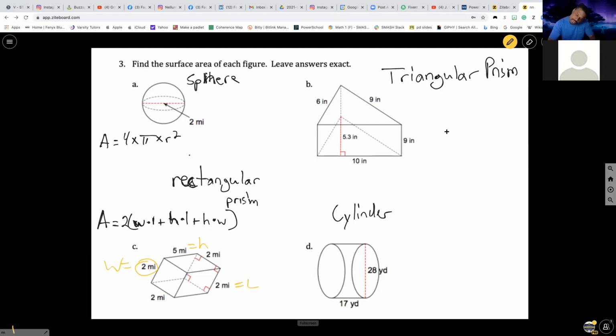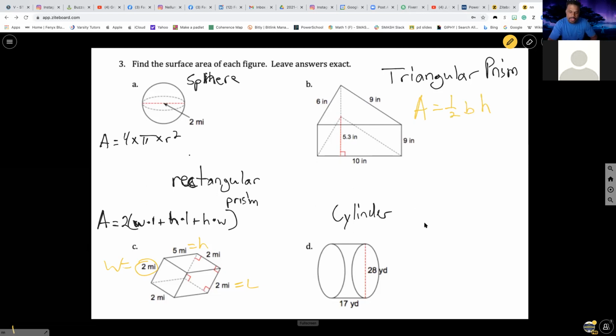Oh, is that a pyramid? I think it's a pyramid actually. What is this? Hold on. Okay, it's just a triangle. So they just want the surface area. So the area of a triangle is 1/2 base times height.